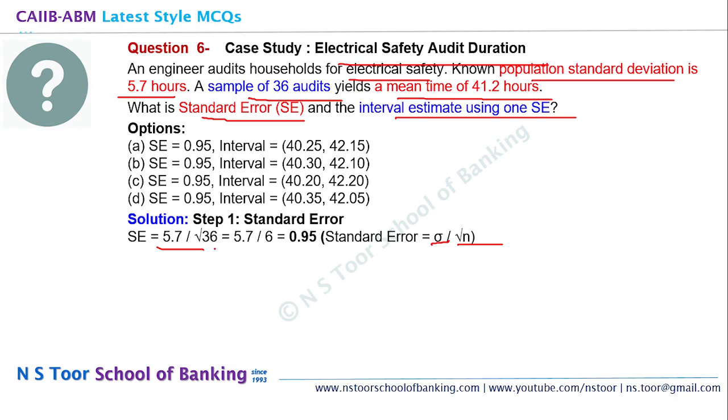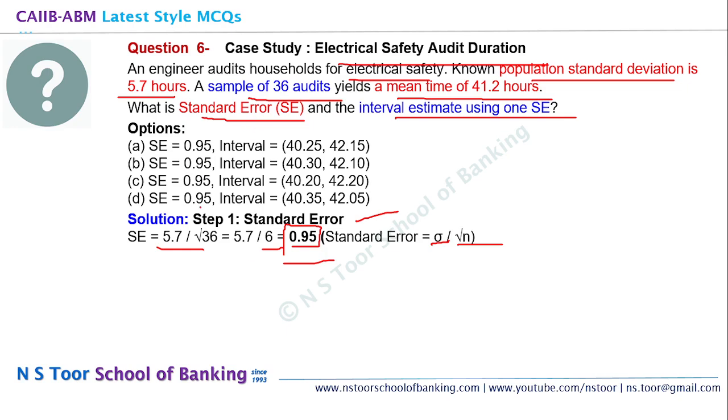Number of samples is 36. The square root of 36 is 6, since 6 squared is equal to 36. So 5.7 divided by 6 is equal to 0.95. So 0.95 is my standard error. Keep this in mind, and that is the answer for your first question.